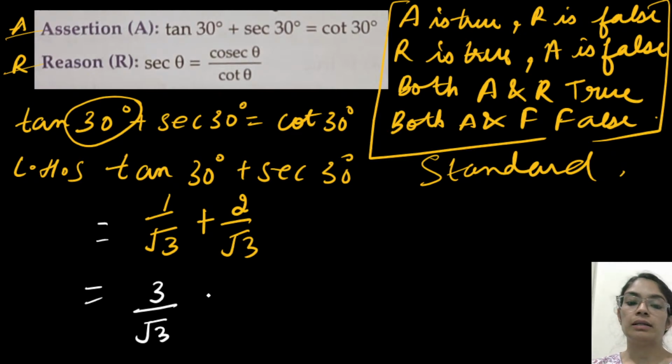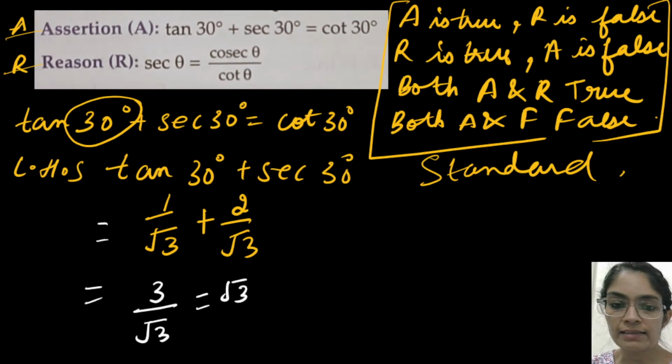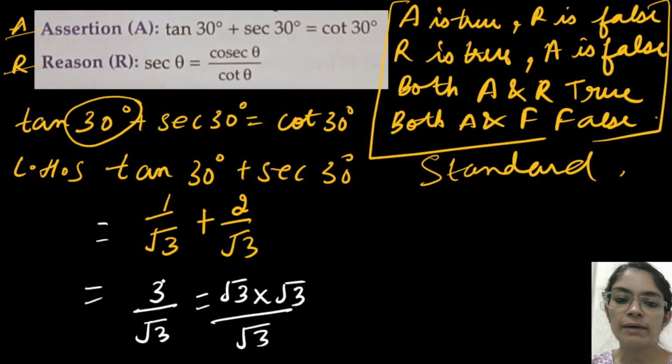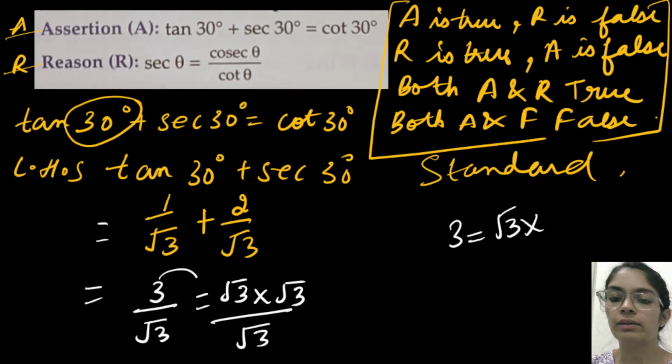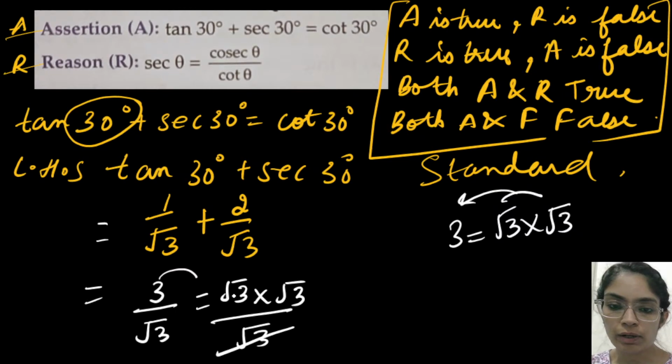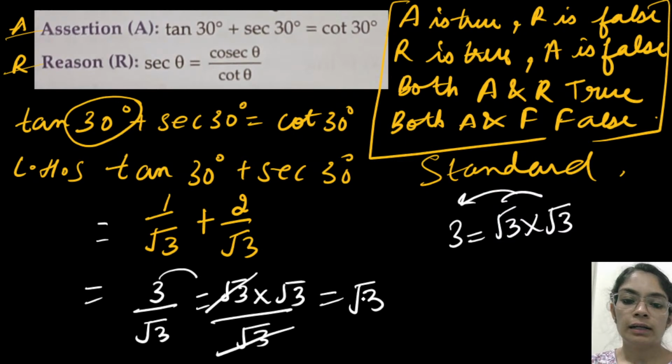This I can write as 3 into 3 by root 3, I have just written 3 another way. See, 3 means root 3 into root 3, which if you multiply, will become 3. So I have just written the factorized form of 3 because this root 3 and root 3 will get cancelled. So left hand side's answer I got is root 3.